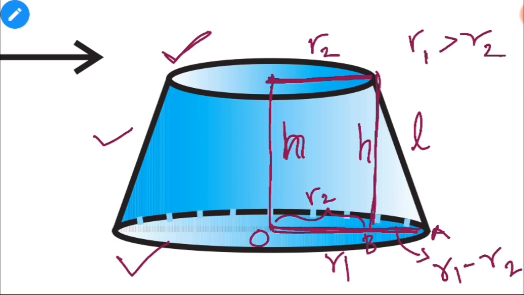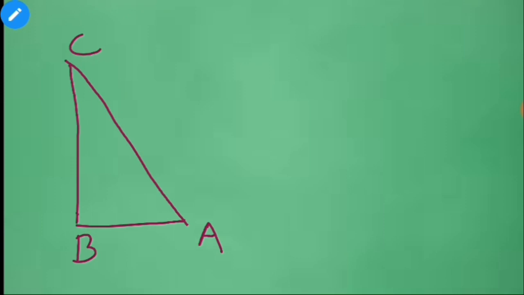Now this is a right angle triangle. Here we can let this point be C. So ABC is a right angled triangle, right angled at B. In the figure we have a right angled triangle ABC where BC is H, AC is L, and BA is R1 minus R2.